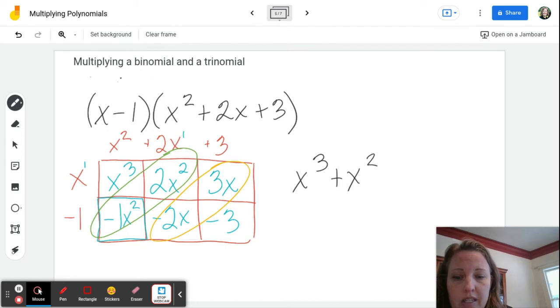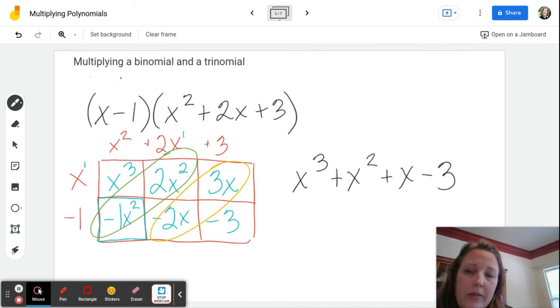And then we have a negative 2x plus a 3x. That's a plus x, right? Plus 1x. And then we have minus 3. So a binomial times a trinomial gives me a quadnomial, or a 4-termed polynomial.